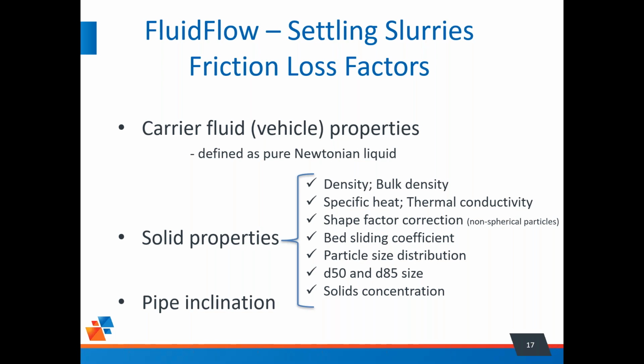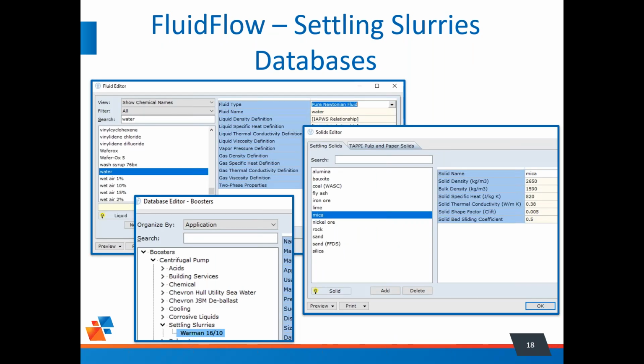Particle size distribution, D50 and D85 sizes, the solid concentration. All these are going to be defined on the inputs on the flow sheet, on the inlets. And lastly, pipe inclination, which if below 30 degrees, is going to be assumed horizontal here. So these are the important factors that we need to consider in determining friction losses in a system.